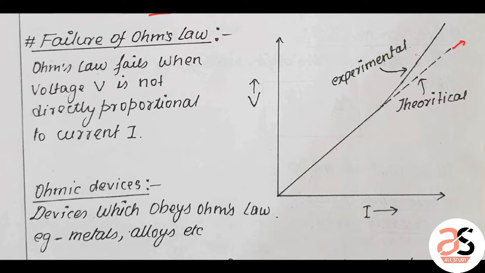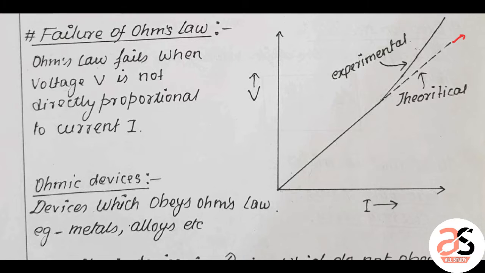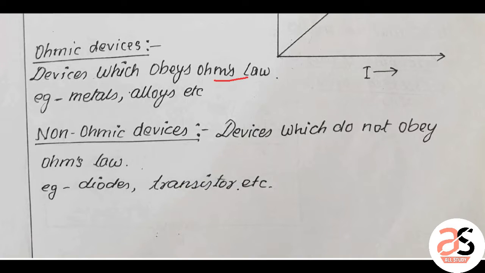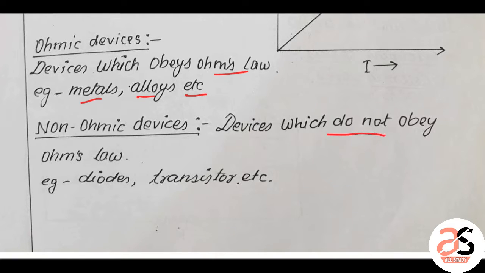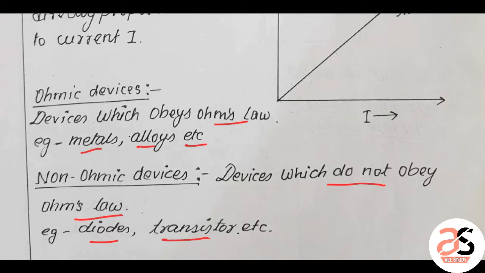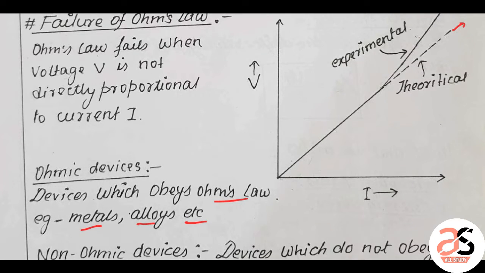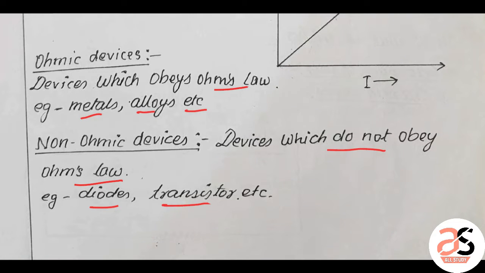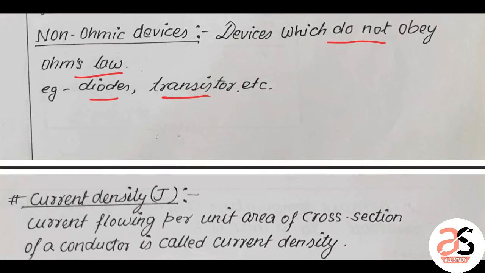Now in the experiment, if we get a curve like this that is not linear, then the devices which obey Ohm's law are called ohmic devices, like metals, alloys, etc. Devices which do not obey Ohm's law are called non-ohmic devices, like diodes and transistors, where V is not directly proportional to I. So this is our lecture part 1 of current electricity. Now we will move to the next part.